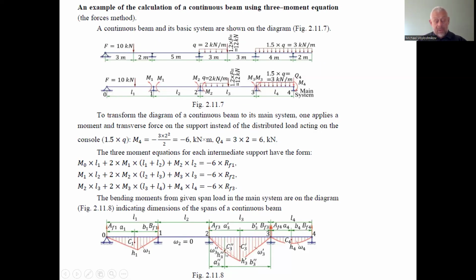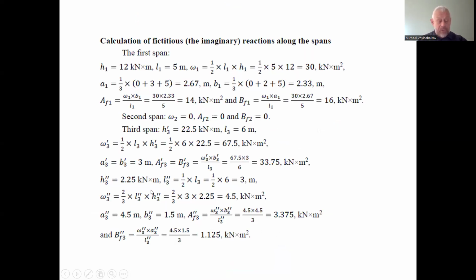of this segment of the bending moment diagram caused by the distributed load is 2 divided by 3 of the product of the length of action of the distributed load on the third span and the magnitude of the bending moment caused only by the distributed load on span 3.